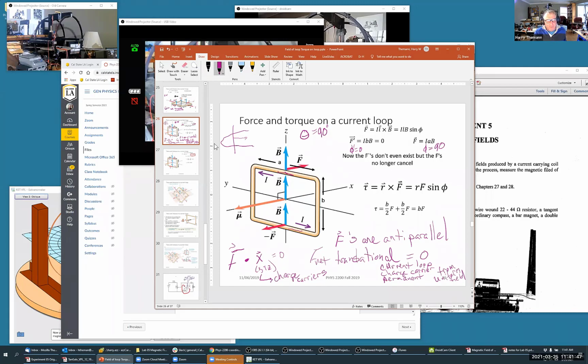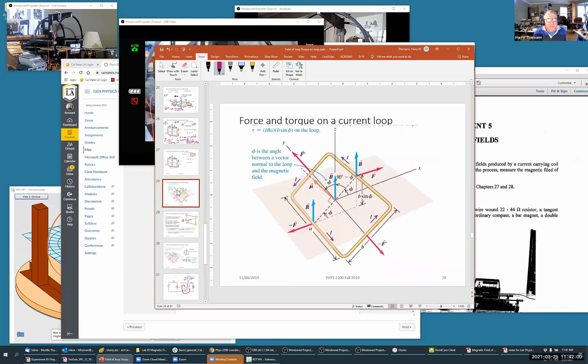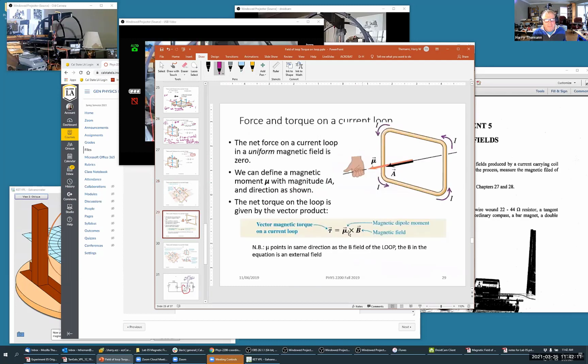You don't worry about these negative and positive signs, and it equals b times F. And then the next step is you can turn that into an equation. Because it's 0 at 0 and maximum at 90, we use the sine, and we go back to this equation.